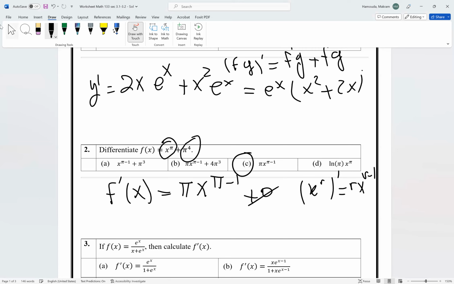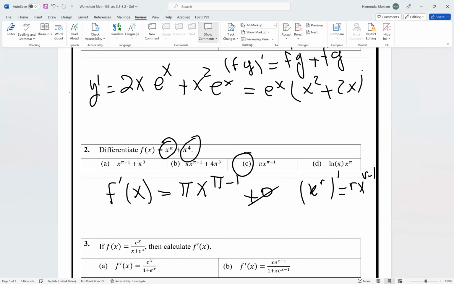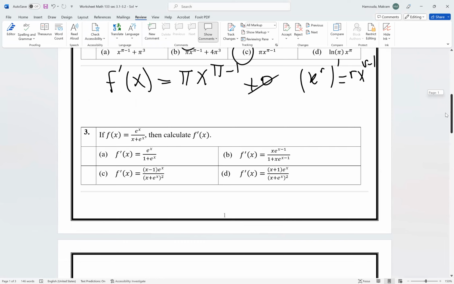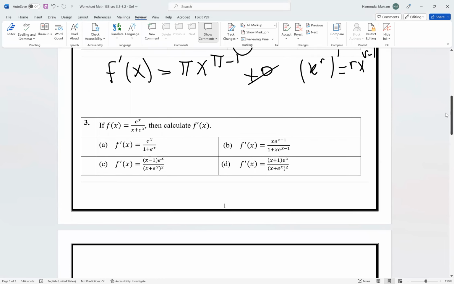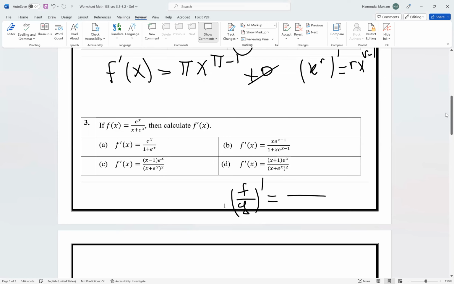And the next derivative that we will compute is the function f of x equal to e^x over x plus e^x. This is an application of the quotient rule. Each time I will try to recall the rule that we will use. So here (f over g) prime: first, when you have a quotient, you write the denominator squared.